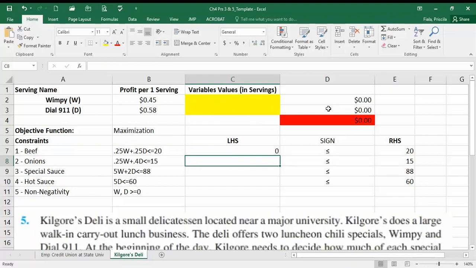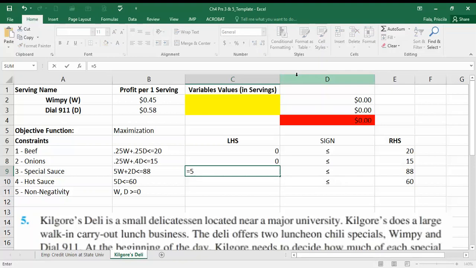Now for the second one, we have 0.25 times my Wimpy value plus, I'm following this over here, 0.4 times my Dial 911 value. And now we have 0.5, be very careful, times my Wimpy value plus 0.2 times my Dial 911 value.